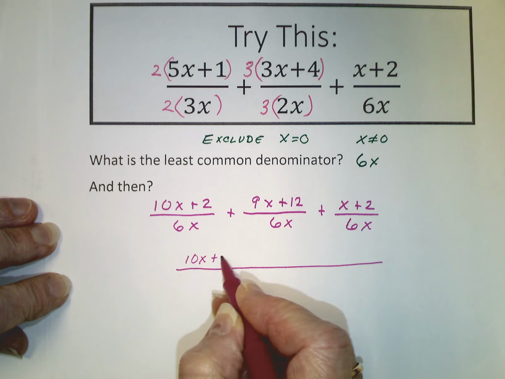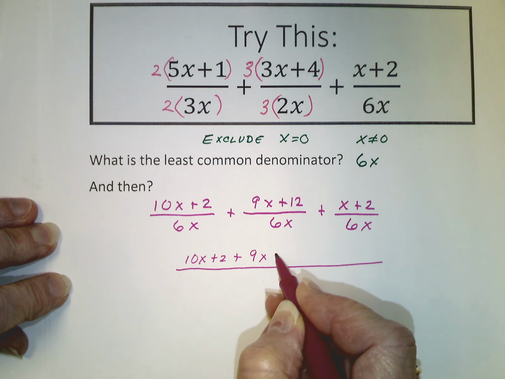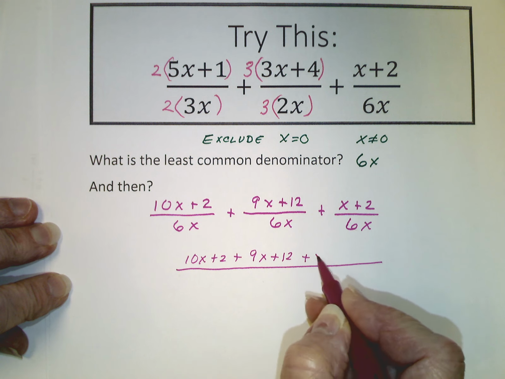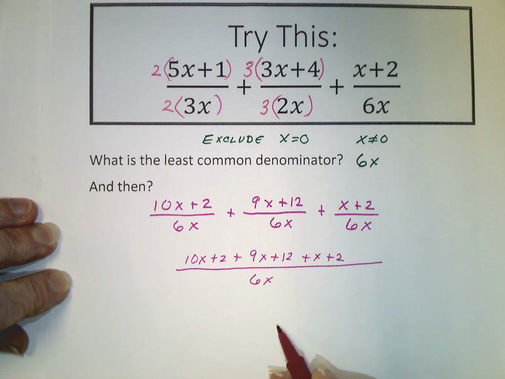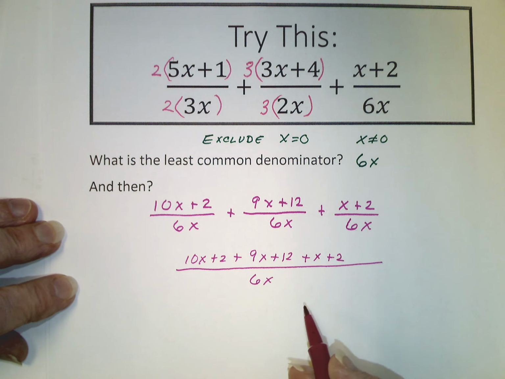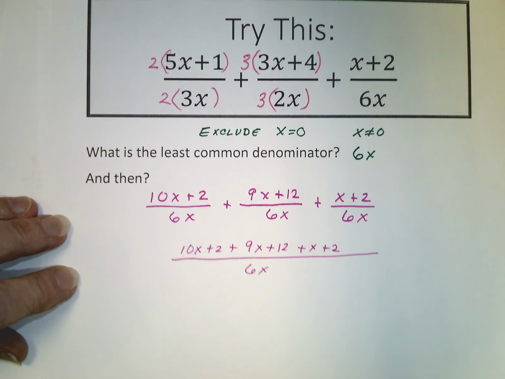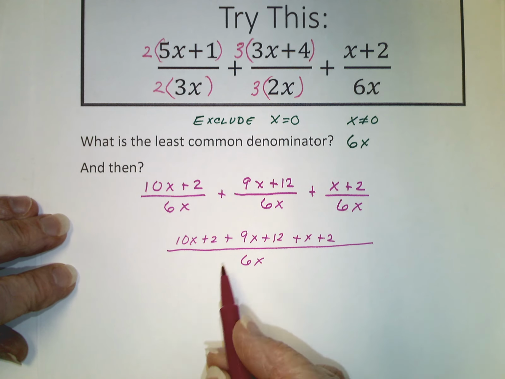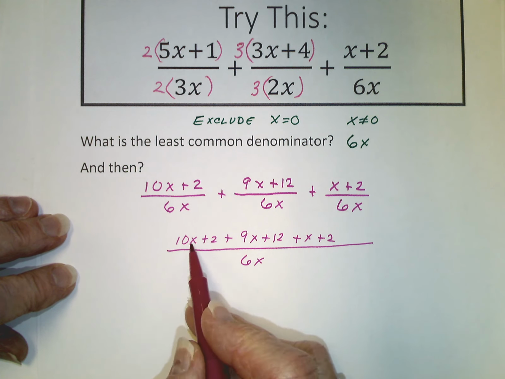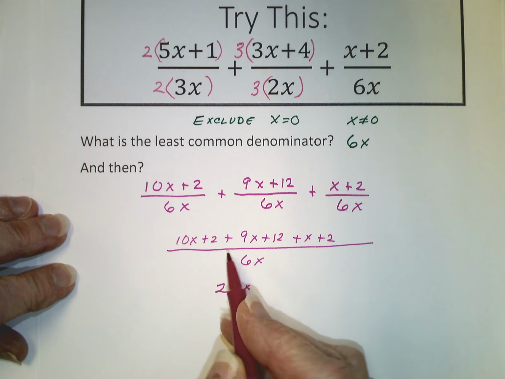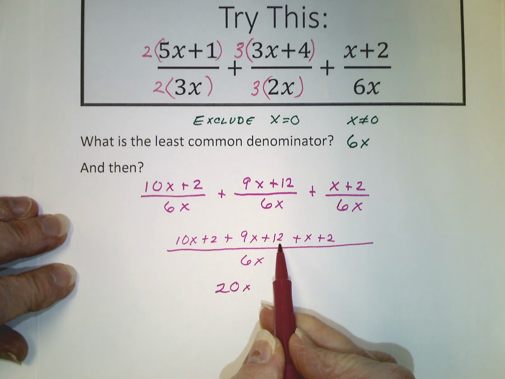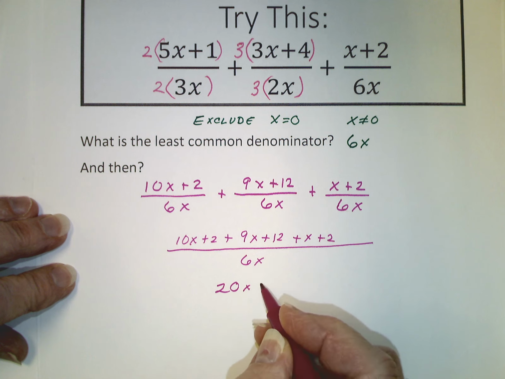Back when you first learned fractions, they may have had you go to all of this trouble. That is all over 6x, which is fine. Most of us just go ahead and start combining the like terms. So it's looking like we have 19x plus another one is 20x, and 2 plus 12 plus another 2.